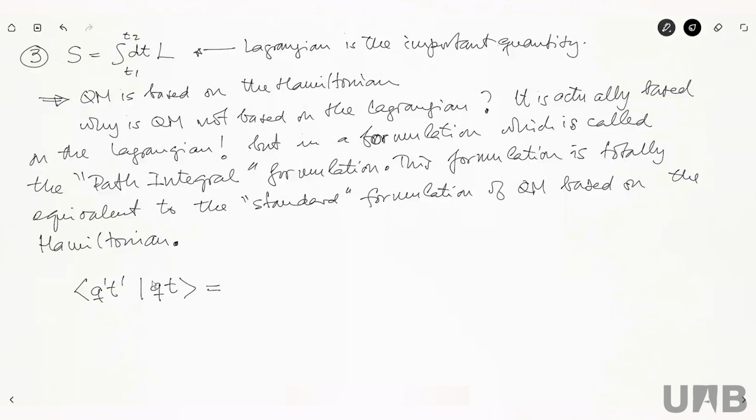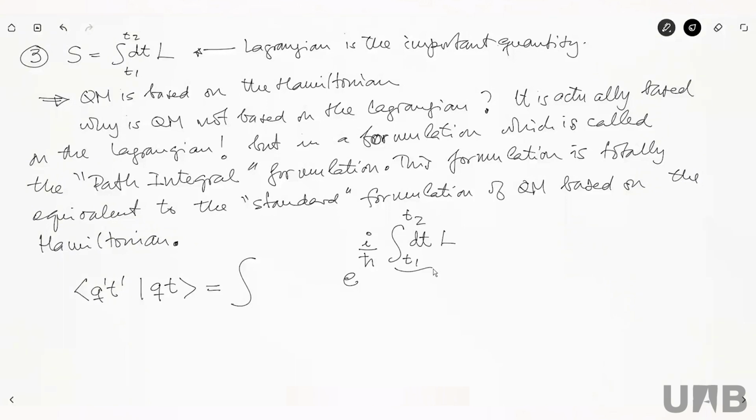So this probability amplitude, it will be the probability if I take the modulus square, is given by a very complicated and strange integral, which is the integral of i, that's the imaginary unit, divided by h bar, so this is quantum mechanical, and then the integral dt of the Lagrangian from t1 to t2.